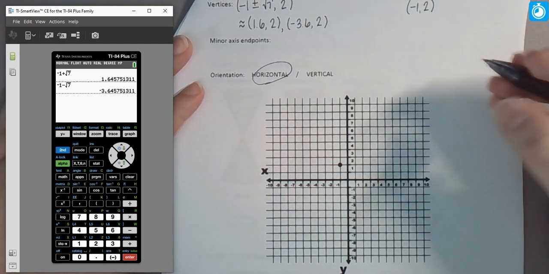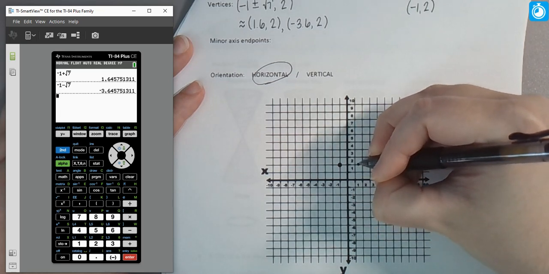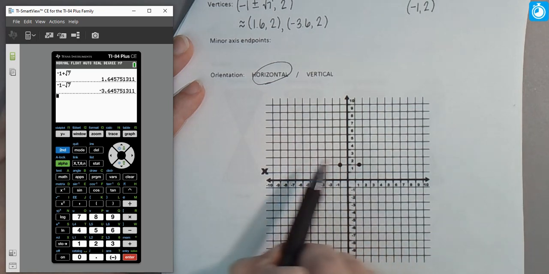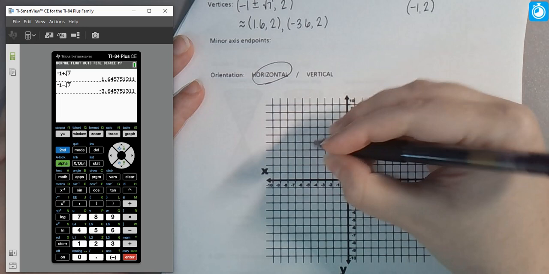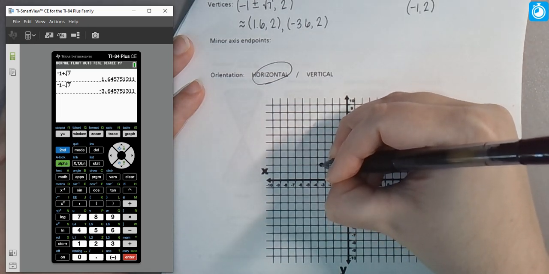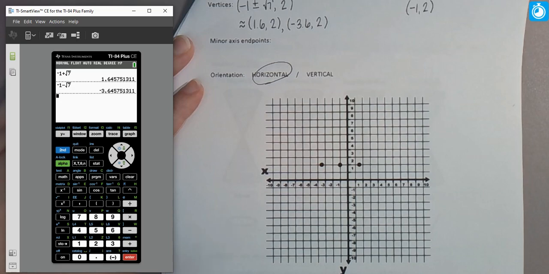So 1.6 and 2, so about halfway between 1 and 2, and then up 2 units. And notice it's along the same line with the center, which is to be expected. And then -1, -2, -3, somewhere between -3 and -4, about halfway, and then up 2 units. But notice again, equidistant from the center, which again is what we expect to see.